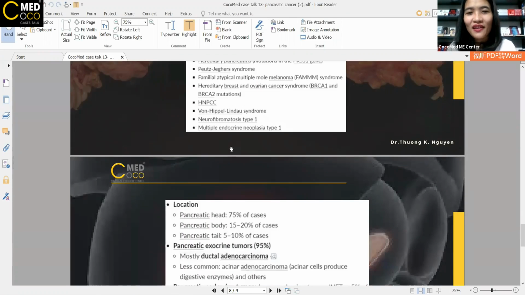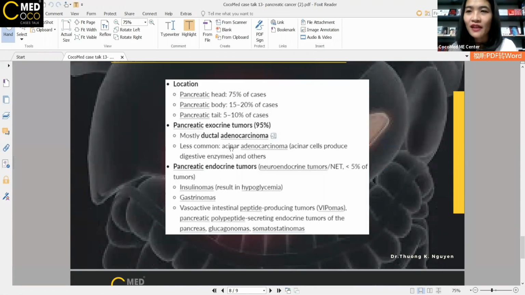Another thing is the location of the pancreatic cancer. We have three places: the pancreatic head, body, and tail. The most likely place is the head of the pancreas.